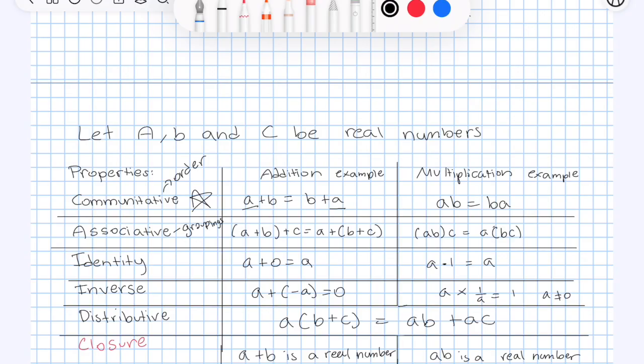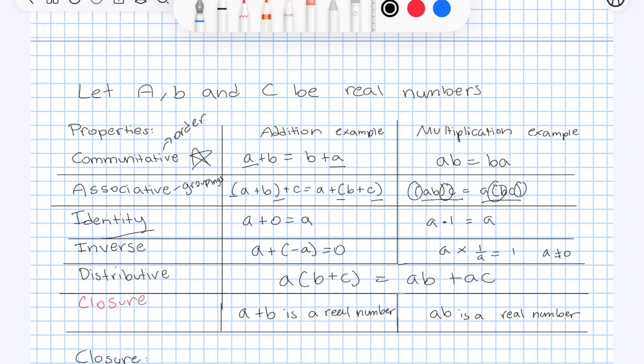So here, parenthesis, a plus b, close parenthesis, plus c equals a plus open parenthesis, b plus c, close parenthesis. The order of the letters has not changed, but the parenthesis position has changed, meaning this is an example of the associative property. For the multiplication one, it's the same thing. The order has not changed, just the position of the parentheses.